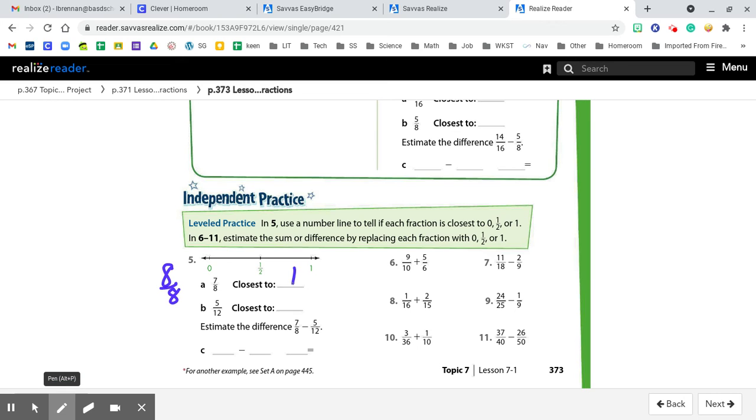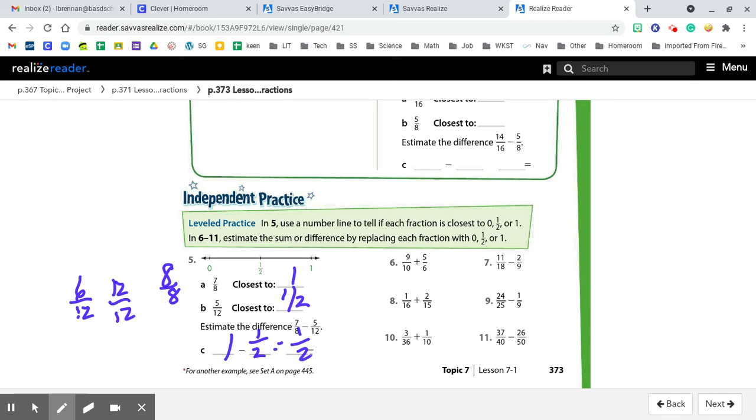So we'll say that's close to 1. 5/12, remember our benchmarks in twelfths. 6/12 would be a half. 12/12 would be a whole. So 5/12 is pretty close to 6/12, closest to a half. So the estimate of 7/8 and the estimate of 5/12, when we are looking for the difference, is going to be equal to 1/2.